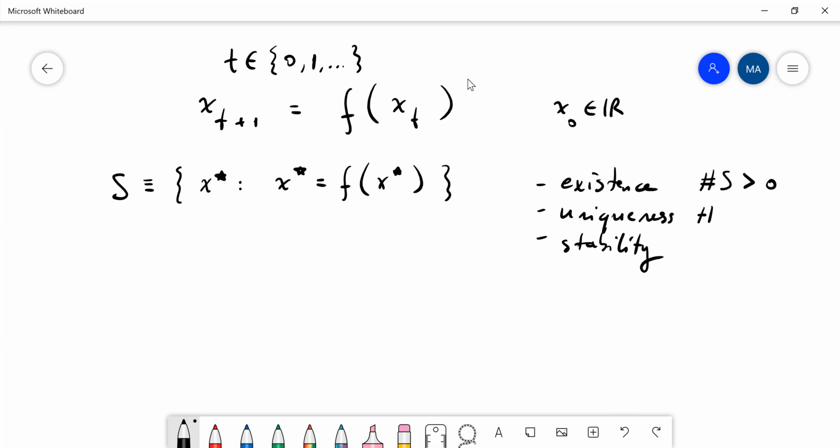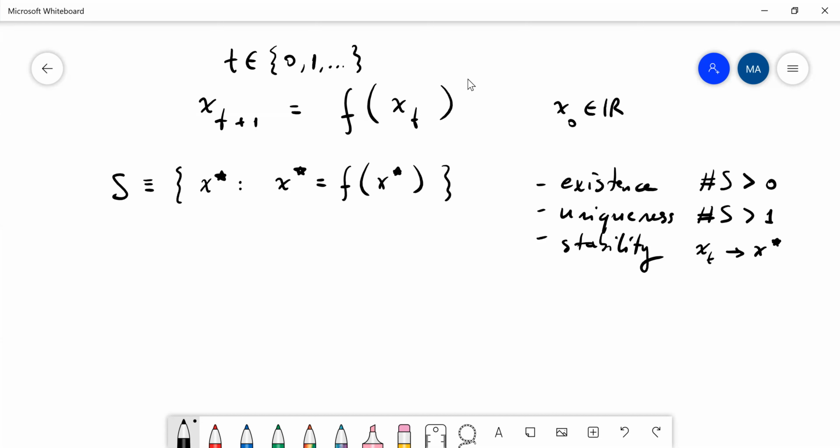The uniqueness question is whether it is greater than 1, and stability is, of course, basically whether x_t converges to x star if at some t it is different from x star. Okay.